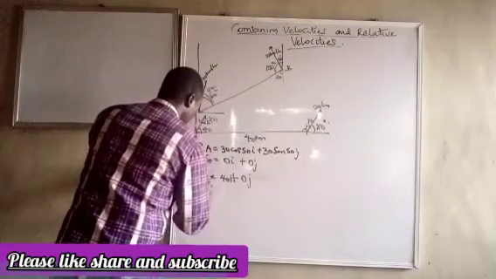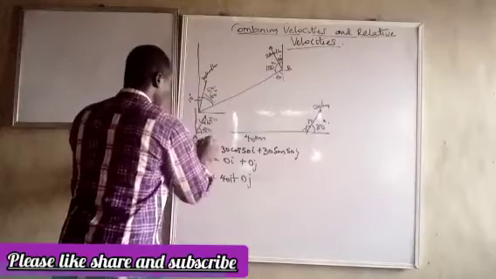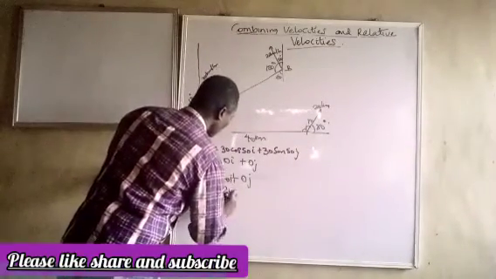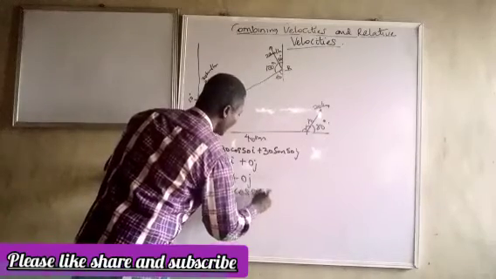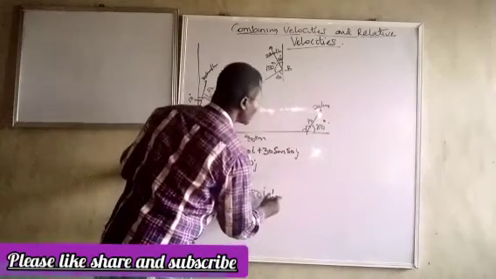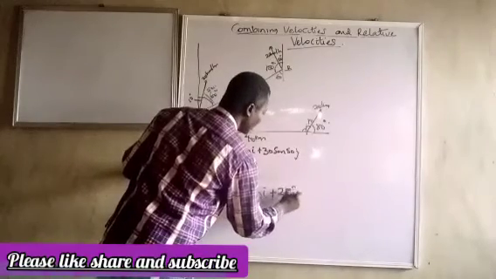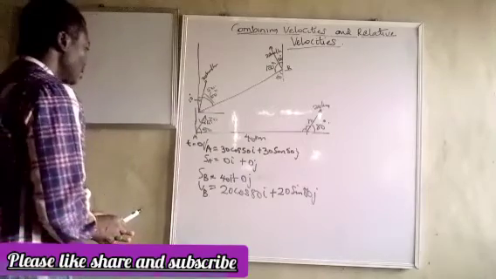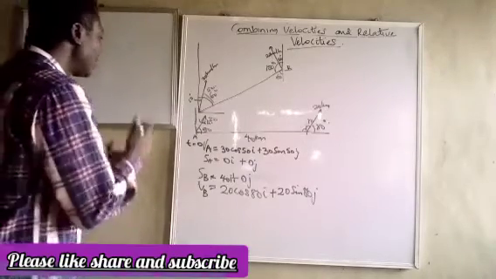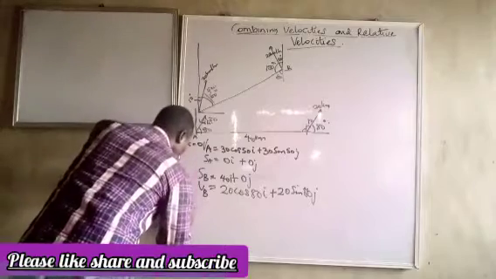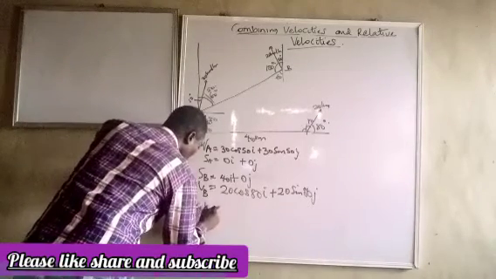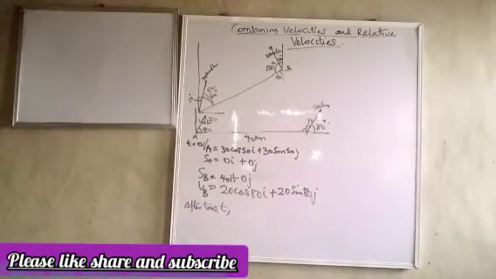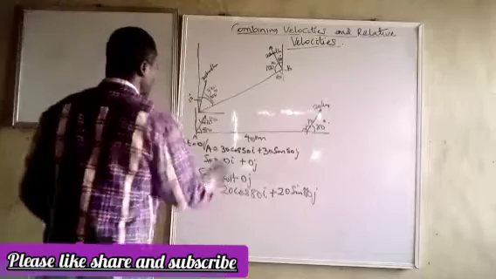Velocity of B. Velocity of B is equal to 20 cos 80 I plus 20 sin 80 J. So after time t, the position of A. Now let's check what is the relative velocity.